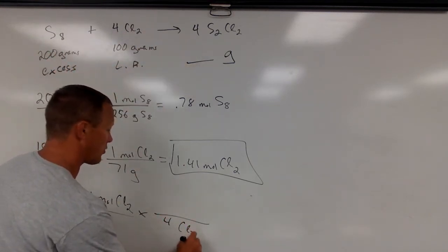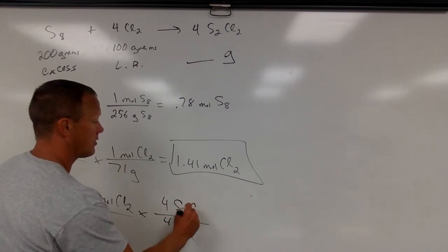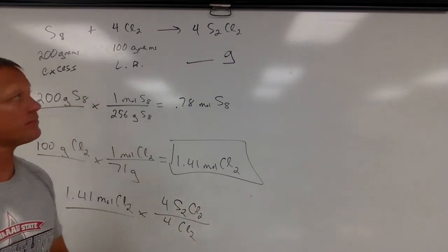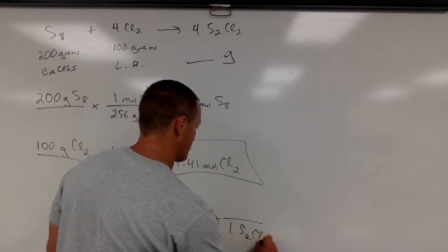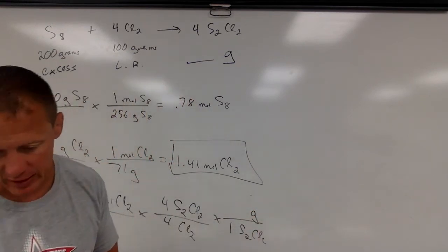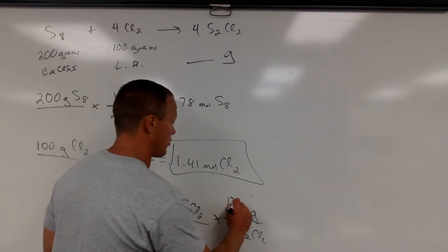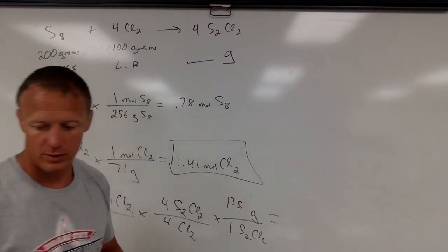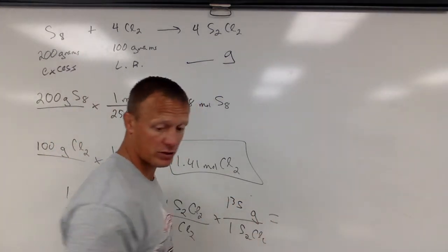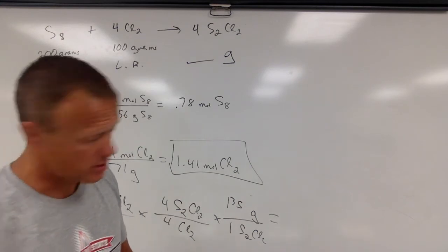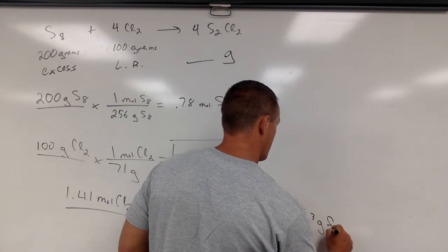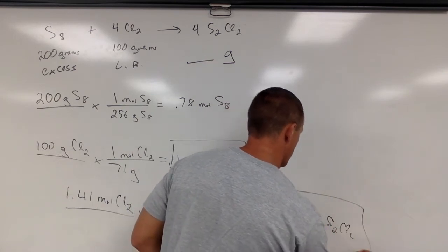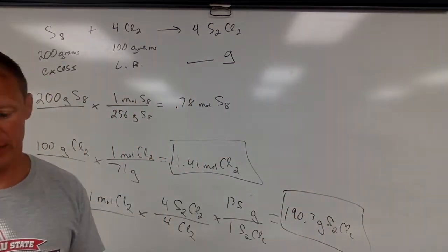For every 4 moles of chlorine, there's 4 moles of disulfur dichloride. And then a mole of S2Cl2 is 135 grams per mole. So we get about 190.3 grams of S2Cl2.